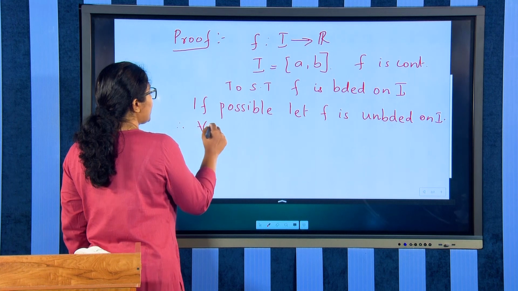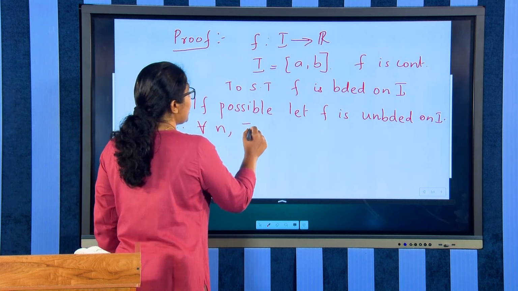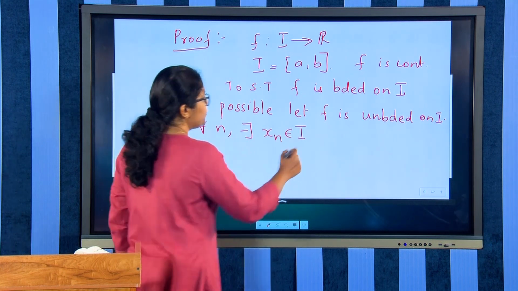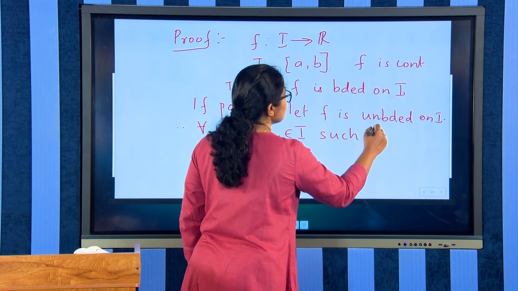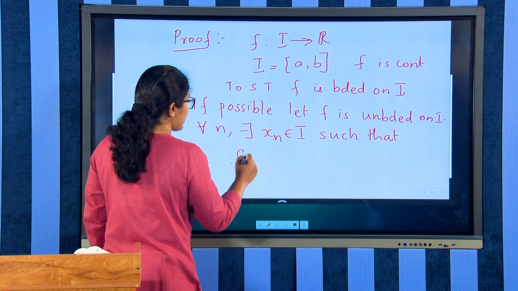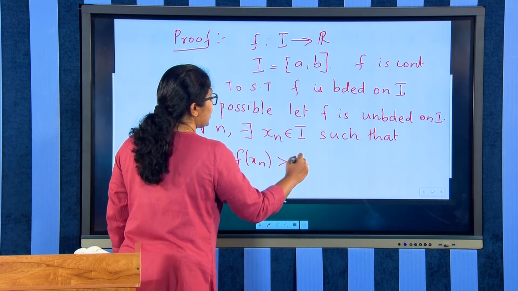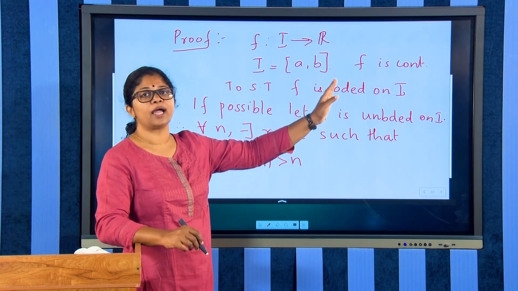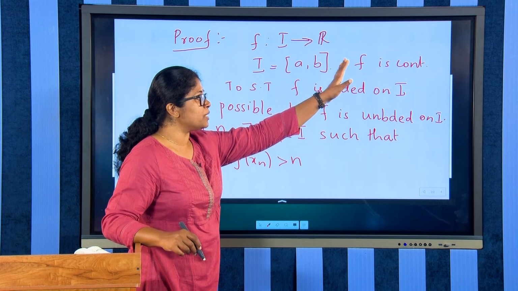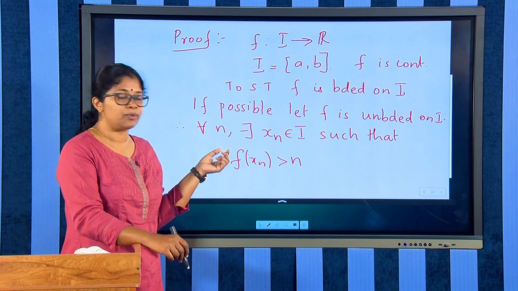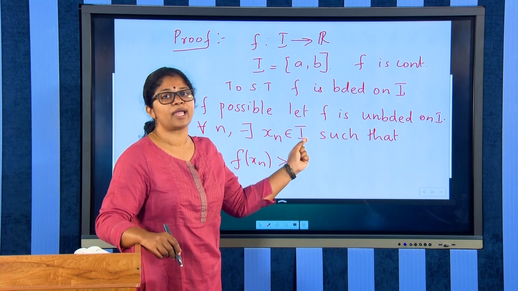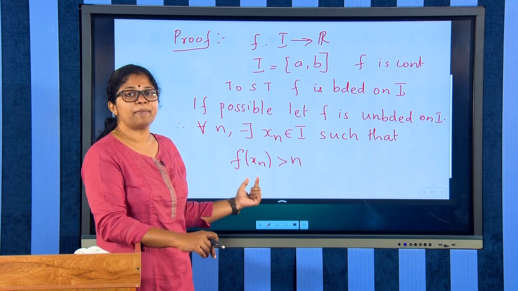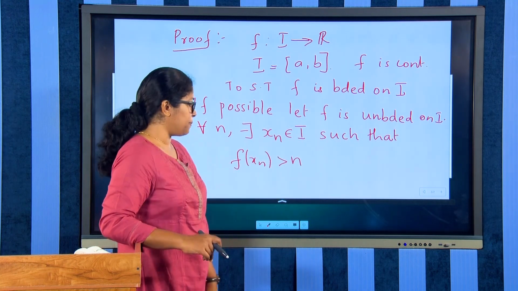Therefore, for every natural number n, there exists a value, say xn, belonging to the interval I, such that f of xn will be greater than n. Why? Because by assumption we have made f to be unbounded. So, f is unbounded means corresponding to any natural number you take, there definitely exists at least one value in the interval I such that the image goes beyond that natural number.